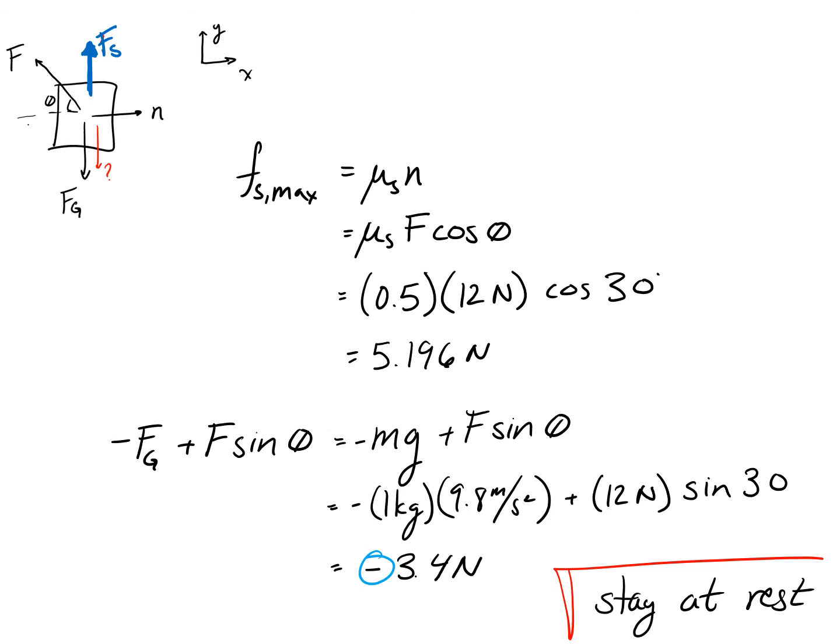So for this question, it's more complicated than the previous one because we had to make sure that we were overcoming two forces, which we had to calculate separately. With the previous one, we were just given the force we had to overcome.